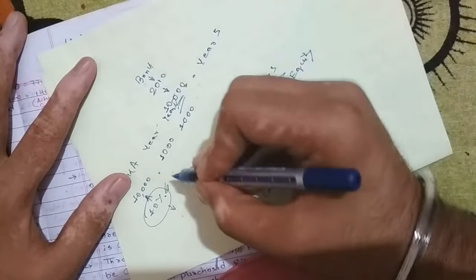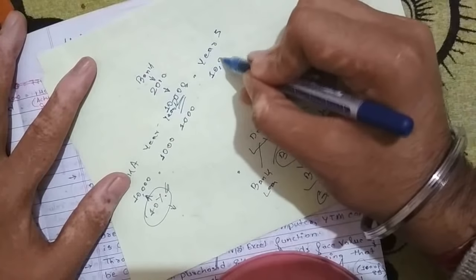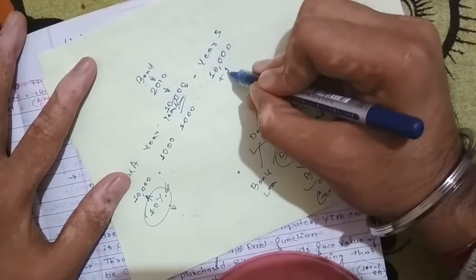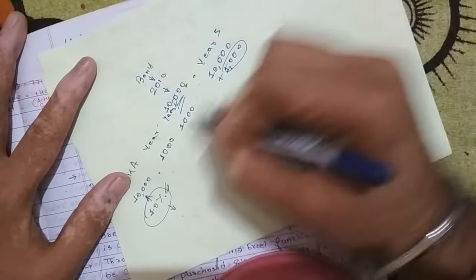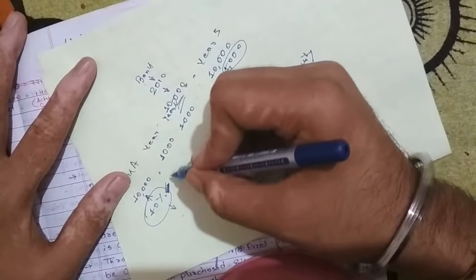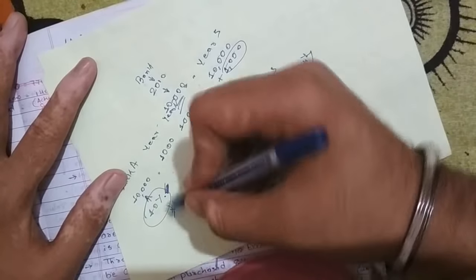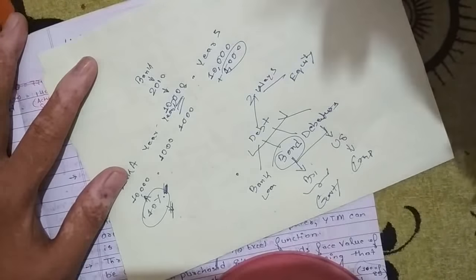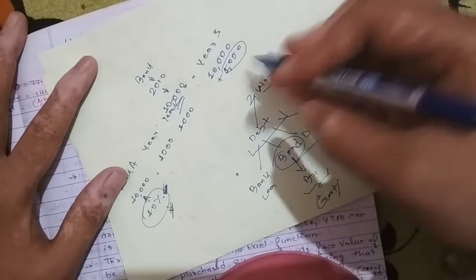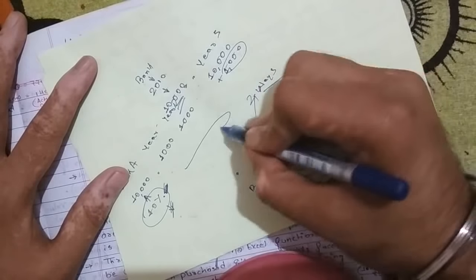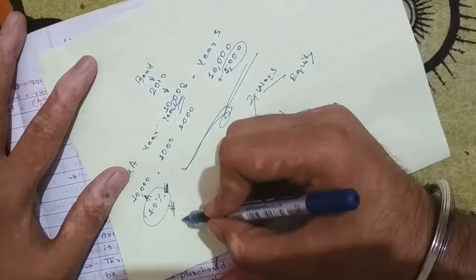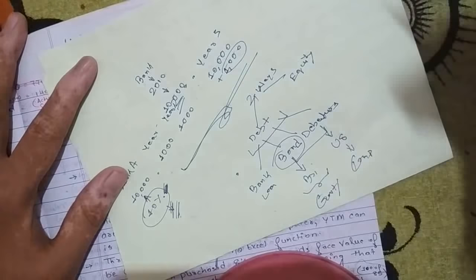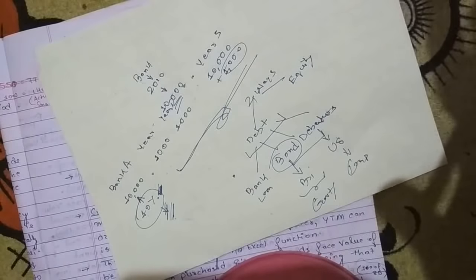Then in year 5 you will get that 10,000 plus 1,000. This 1,000 is the coupon. This rate is what I call the coupon rate when we discuss bonds. So all this money you will get if you subscribe to the bond. This is how a bond works.